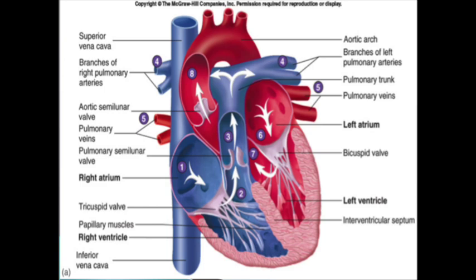In slide number 6, we can see clearly that the oxygen-rich blood is at the left side of the heart and the aorta, and it's red in color, while the oxygen-poor blood is on the right side of the heart and in the veins and the pulmonary artery.